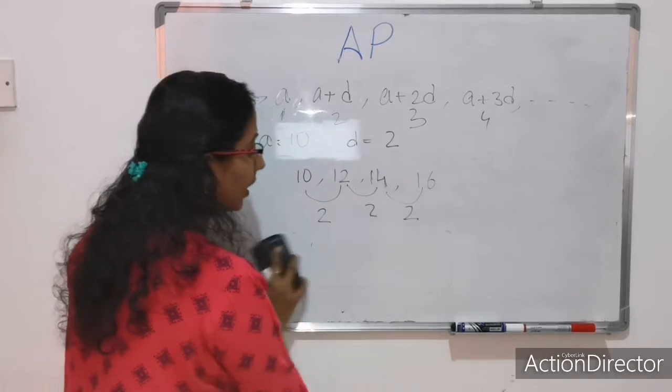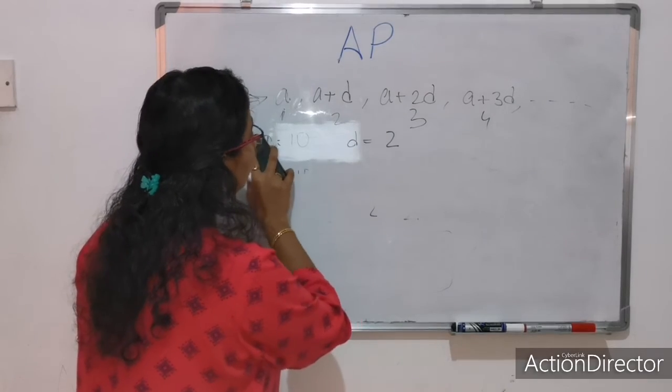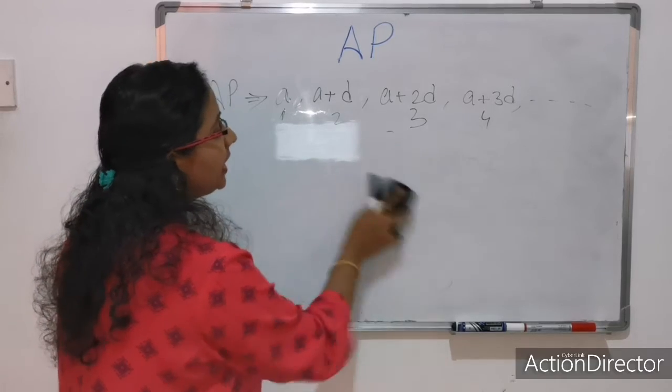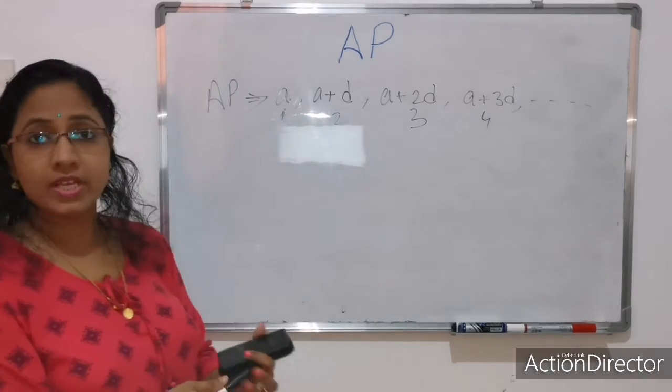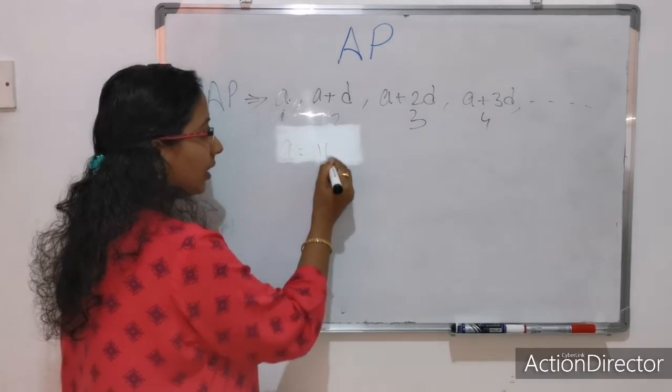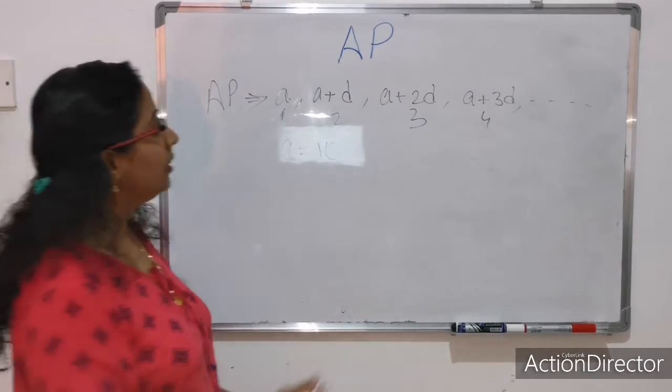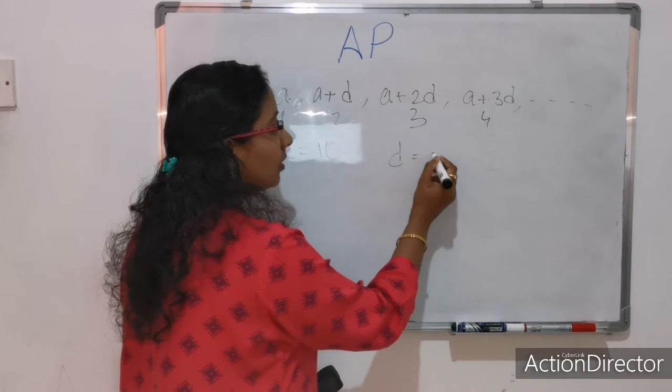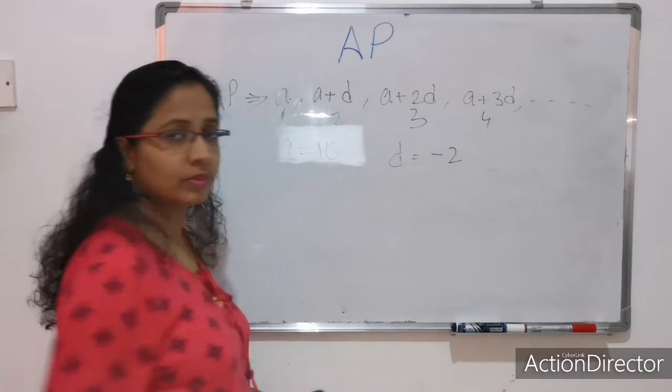Now suppose d is negative. We are taking a as 10 only, a is equal to 10, and d is negative, minus 2.